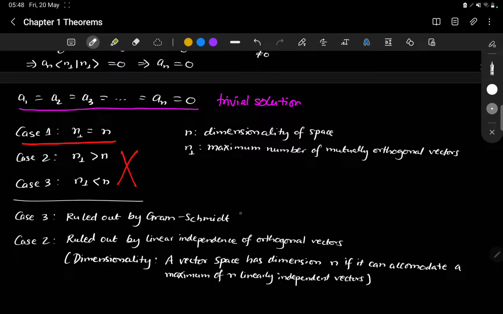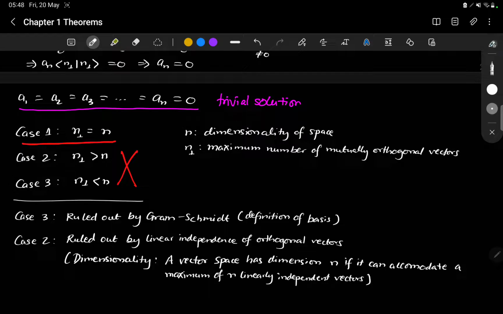Similarly, case 3 that we saw is ruled out by Gram-Schmidt. This is from the definition of basis. Basis vectors have to at least equal the dimensionality. They cannot be less than the dimensionality, and also n perpendicular cannot be greater than the dimensionality.